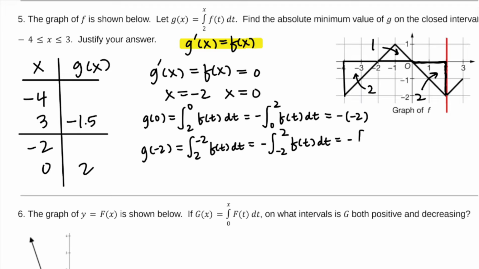So it's the negative of 1 minus 2, so that's negative, negative 1, it's going to be just 1. And then g of negative 4 is going to equal the integral from 2 to negative 4.